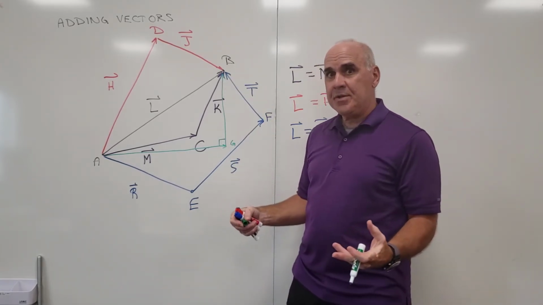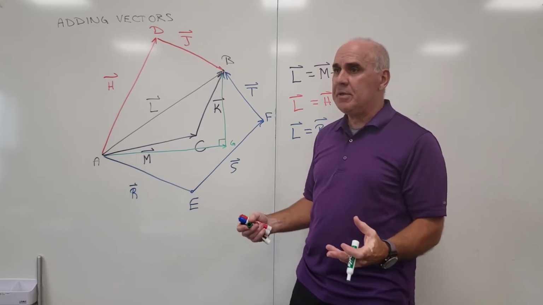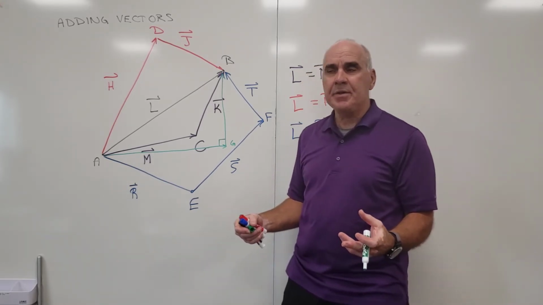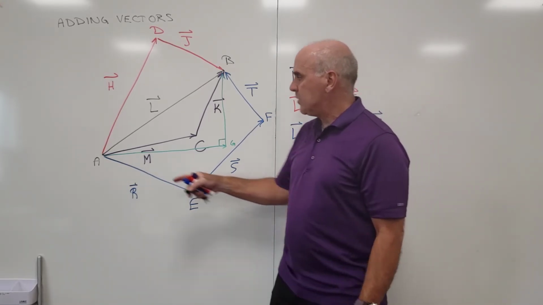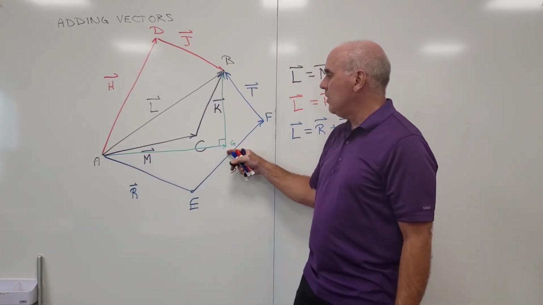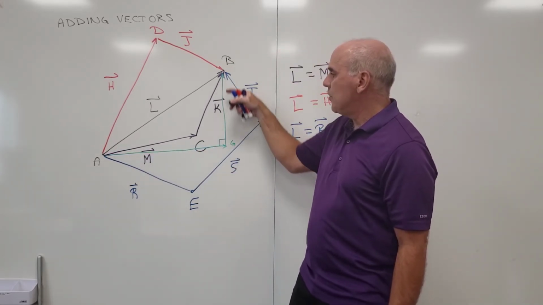On a standard XY plane, not every XY plane is going to be standard, but on a standard XY plane, the x-axis is horizontal and the y-axis is vertical.